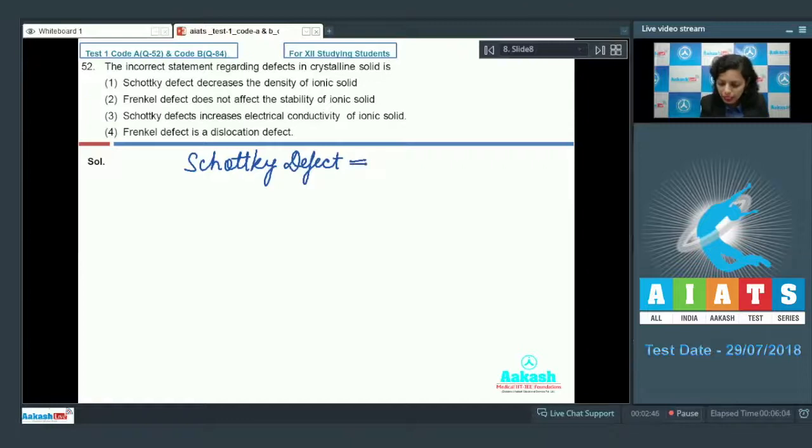So this defect decreases the density. So the first statement is the correct statement.